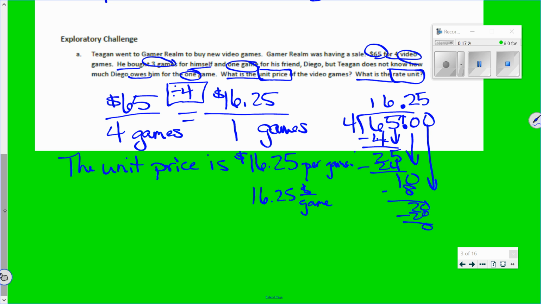Although normally when we have dollars, we put it in front of the number and then just say per game after. So either of those would be acceptable. And just so you guys know, this is the unit price. The rate unit is basically just what's the rate. In other words, the units are involved. Make sense? Questions on any of that?